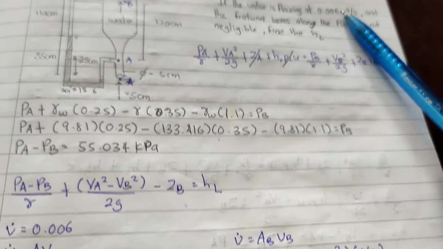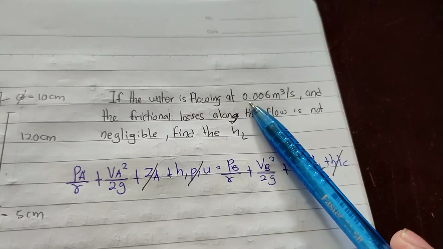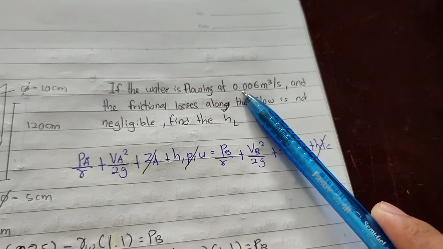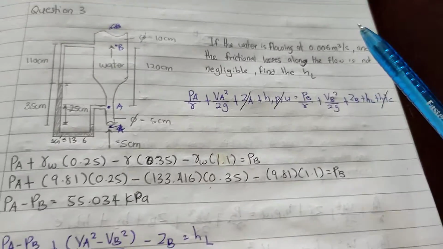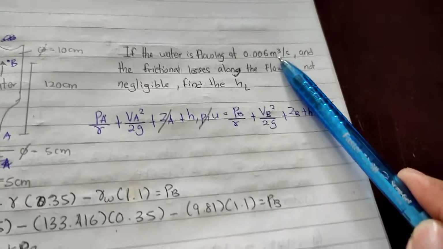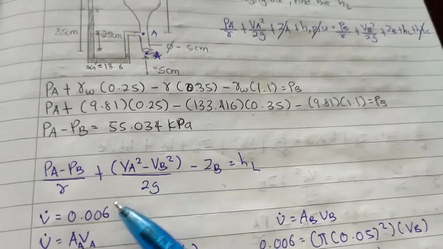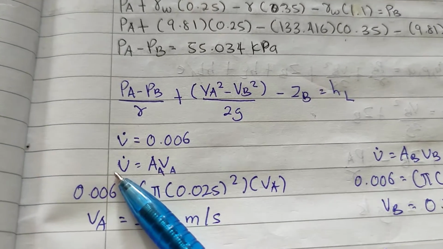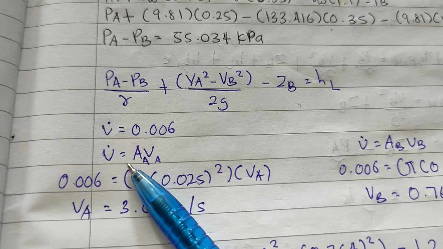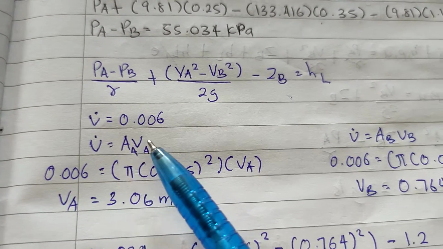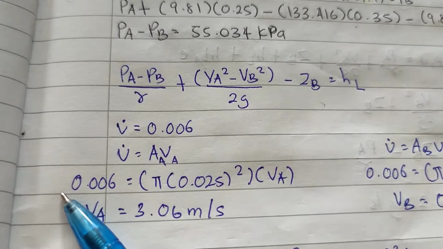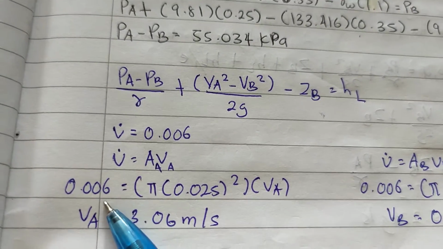In this question, it is given that the volume flow rate is 0.006 meter cube per second. From this information, you can get the volume flow rate equal to area times velocity, and just plug in the number 0.006.